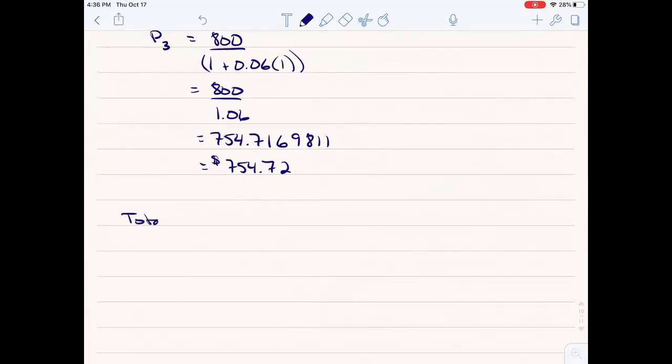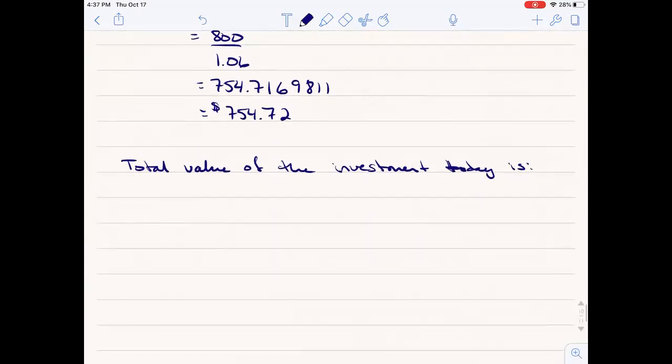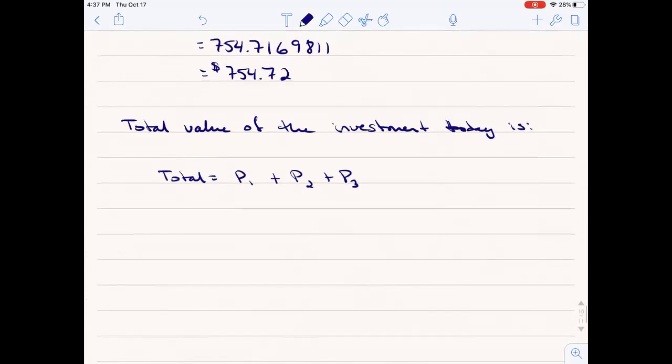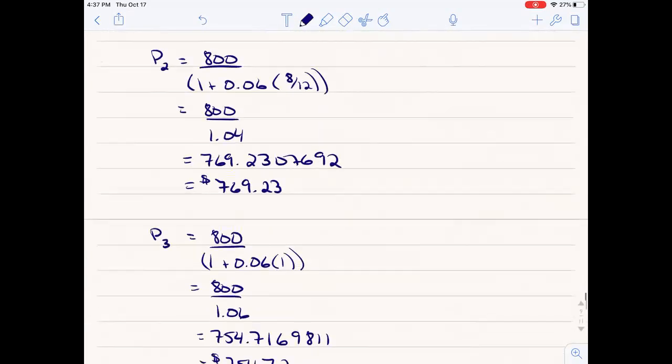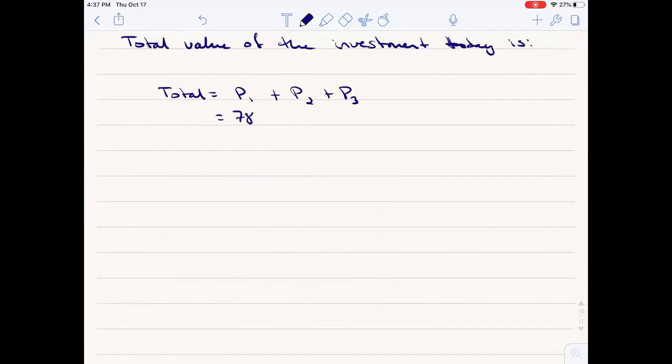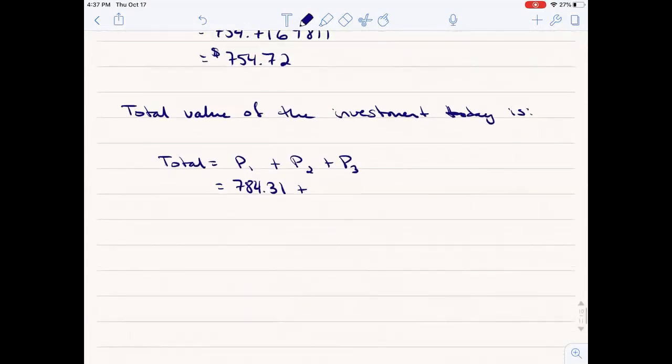So the total value of the investment today is P1 plus P2 plus P3, which is 784.31 plus 769.23 plus 754.72.